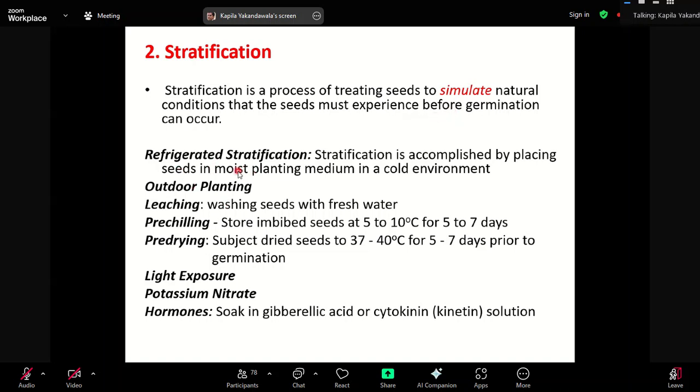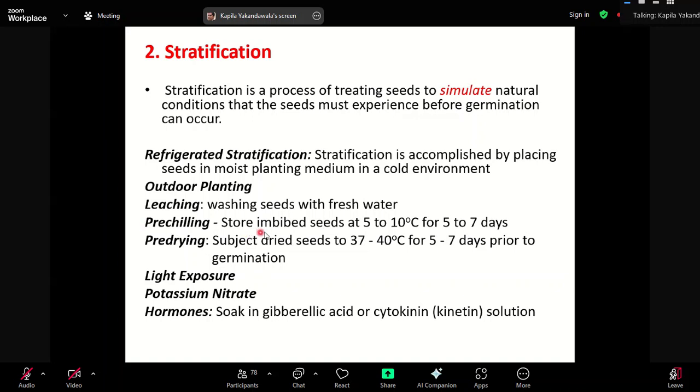Stratification can be given in different methods. Just like scarification, you can keep seeds in the refrigerator, so you call it refrigerated stratification. Then outdoor planting, when you plant seed in an outdoor area, it will stimulate germination. Then leaching, that is washing seed with fresh water for a few minutes or few hours, depending on the seed.